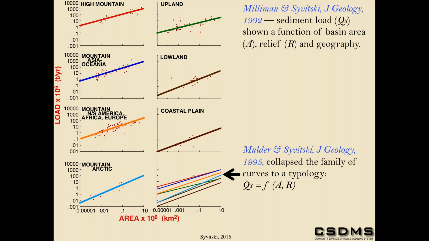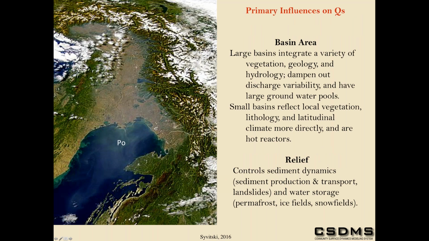And a few years later, my postdoc collapsed this family of curves into a simple typology of sediment load as a function of basin area and relief. And this dominance of basin area and relief on sediment flux is very, very complicated, and I can't emphasize that enough.